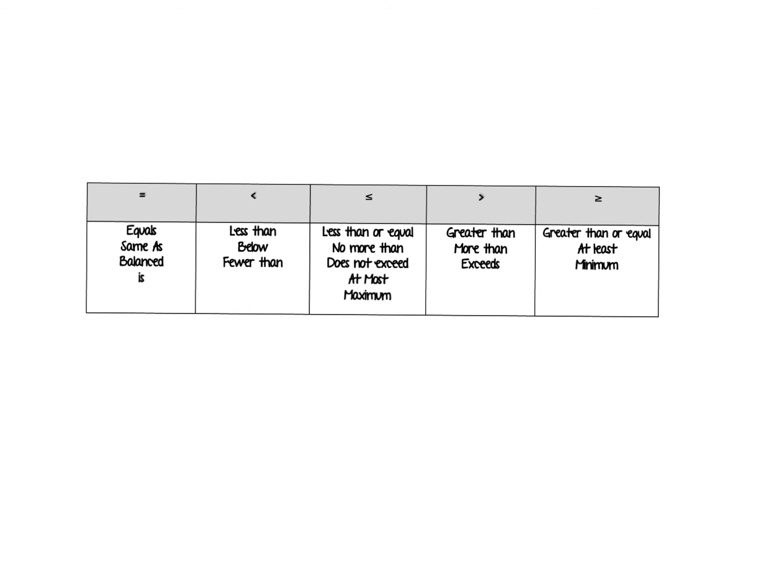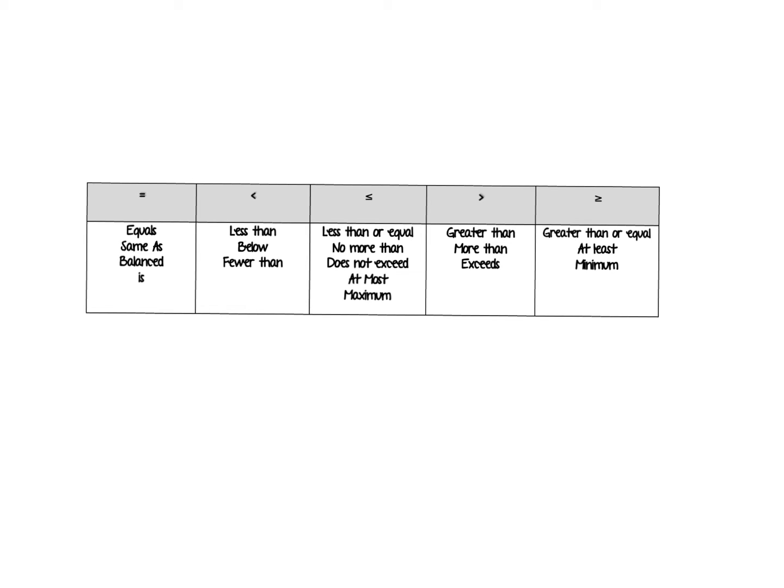All right, so now let's talk about the symbols that you're going to see that make something either an equation or an inequality. So the first one is our equal sign. You could see equals, same as, balanced, and is as words that you could use to describe that.